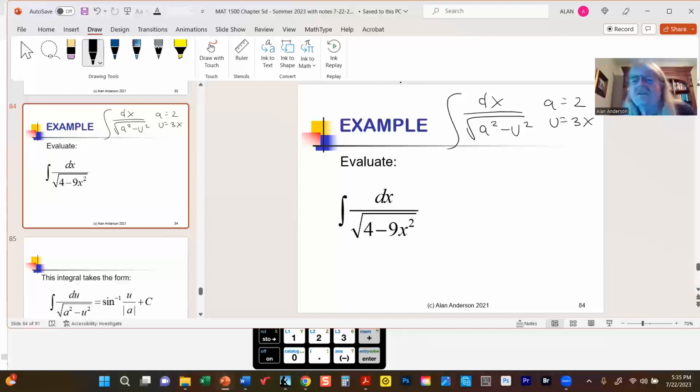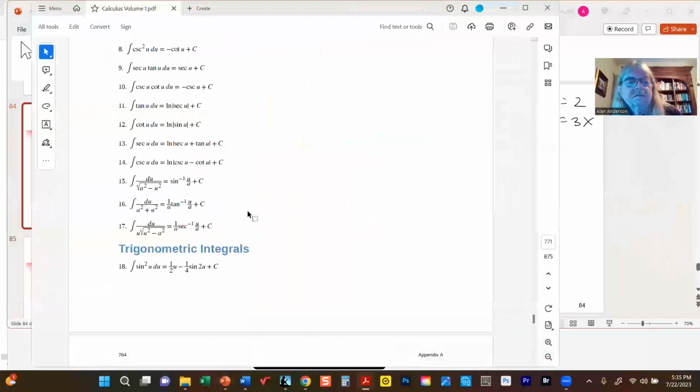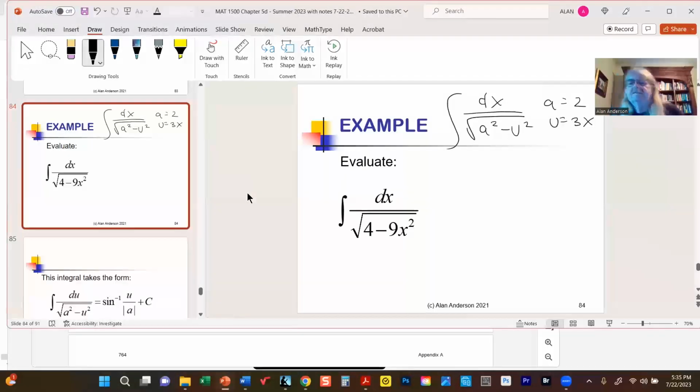Because of course then a squared is 4 and u squared would be 9x squared. So let's see if that's on our list. Why, there it is right there. It's the arc sine again.